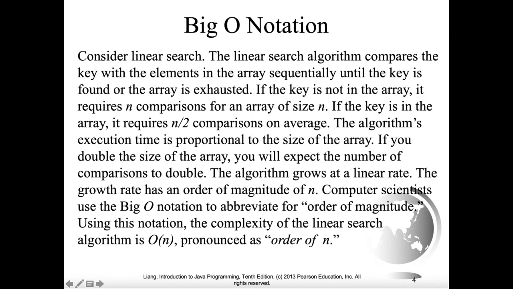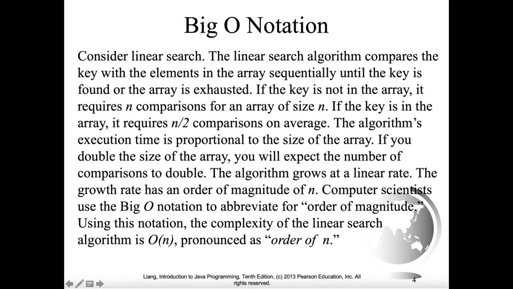Basically, a particular instruction on them. So if we just look at the number of comparisons on average in linear search, we see that on average we're going to compare n over 2 times, right? That's the number of comparisons that we have to do on average.